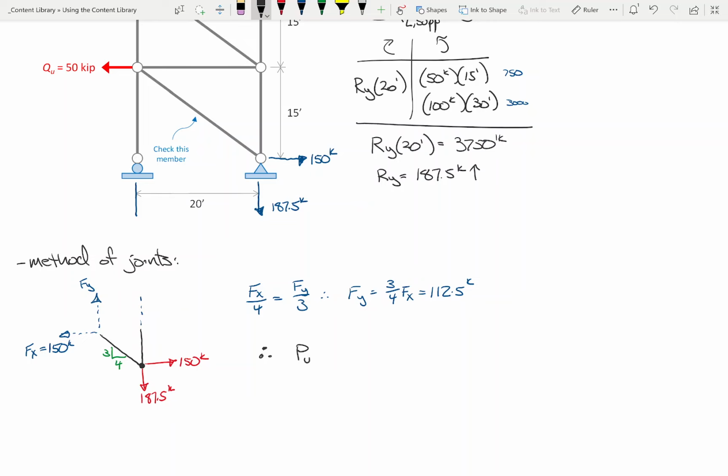That's the force that the member is seeing. And so what is that, by the way? 187.5.